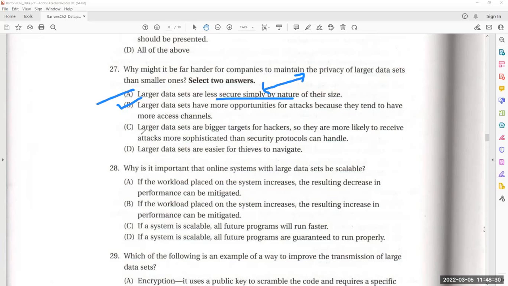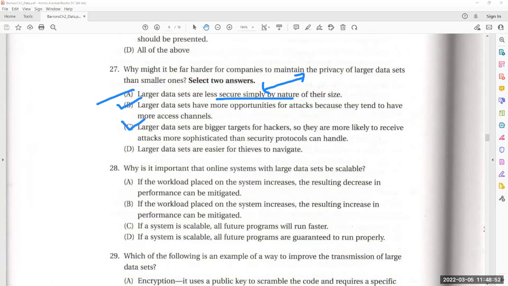Number C, larger data sets are bigger targets for hackers. So they're more likely to receive more sophisticated attacks than security protocols can handle. So C is also correct, okay?